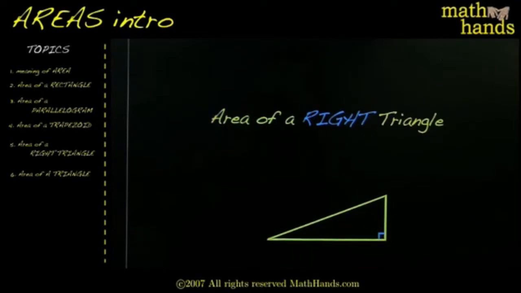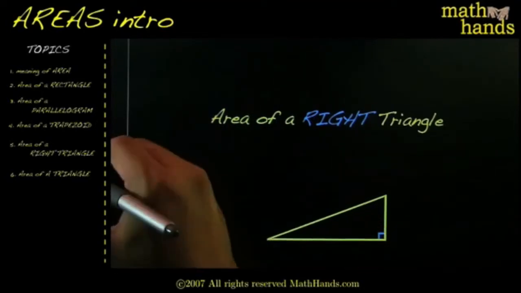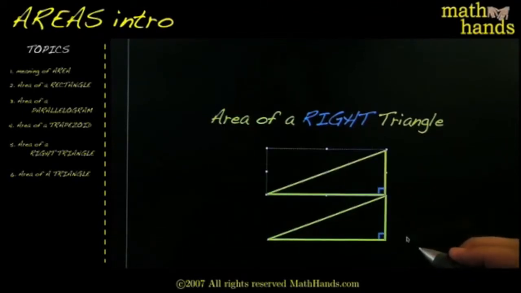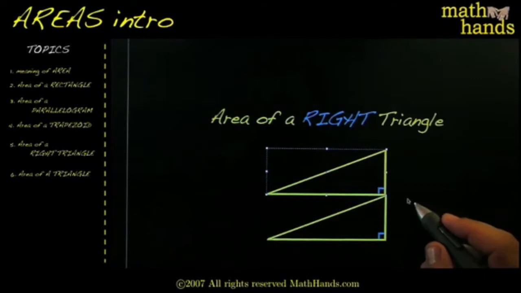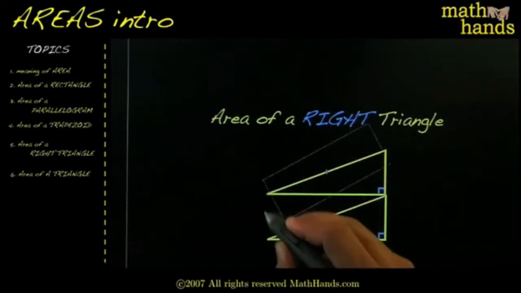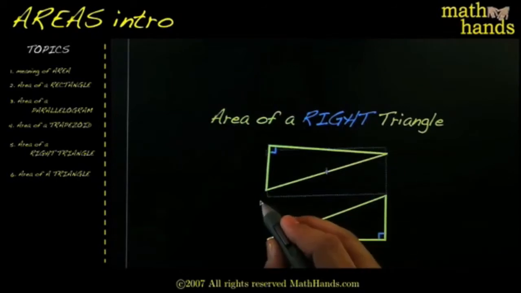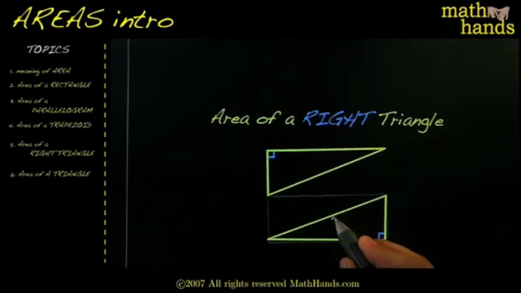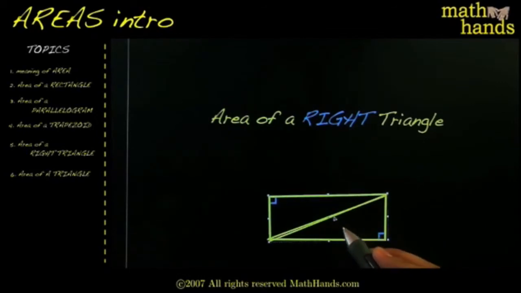Well, similarly to the other ones, what we want to do is maybe use a little creativity here. You could take a copy of this and just maybe flip it to where it fits exactly. Let's see if we can fit it right there. Well, almost.